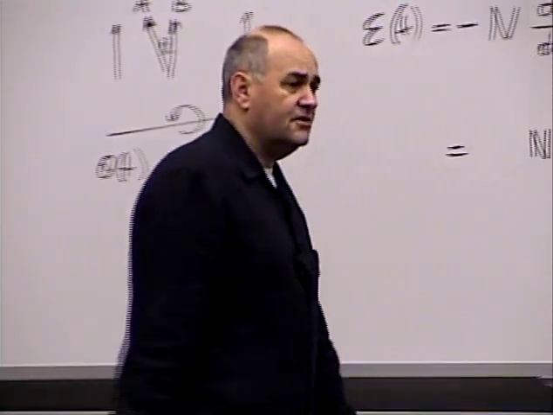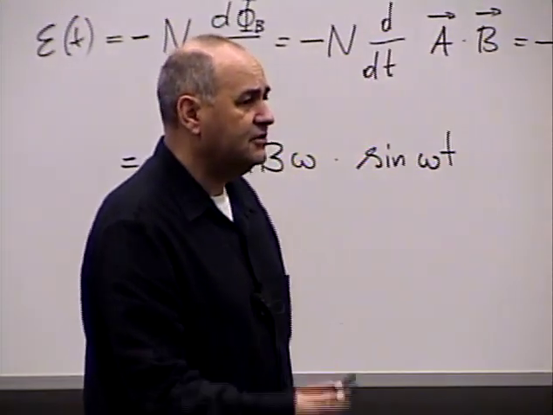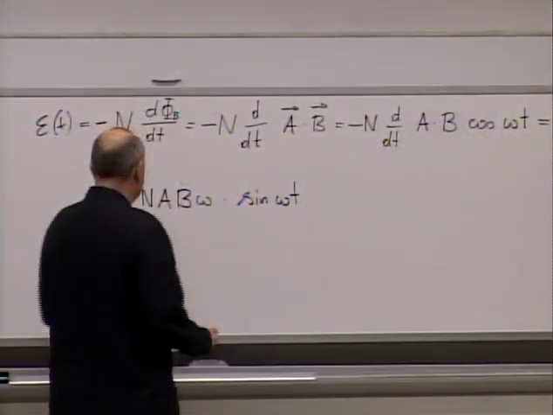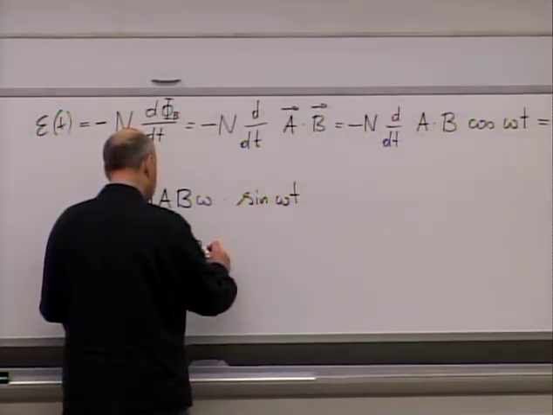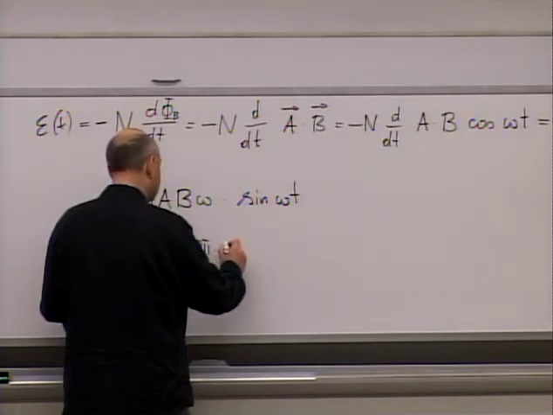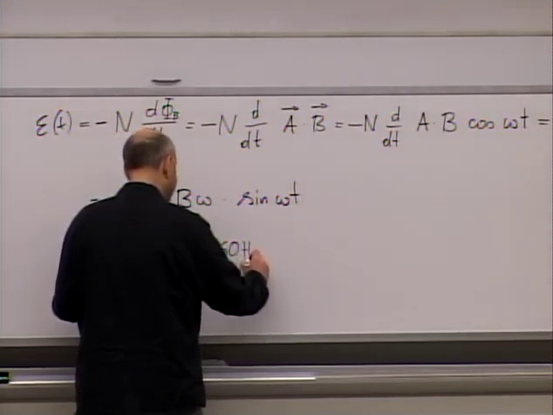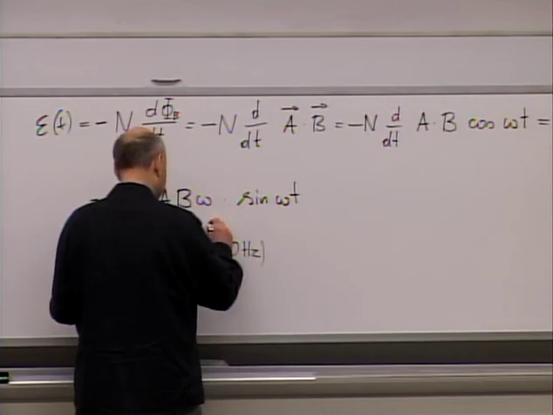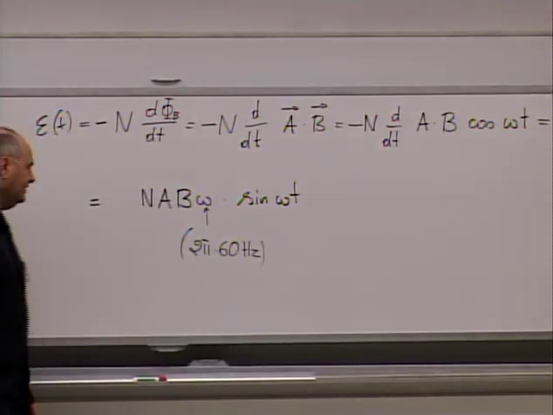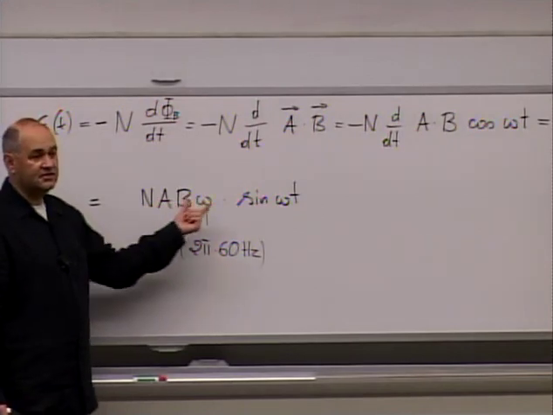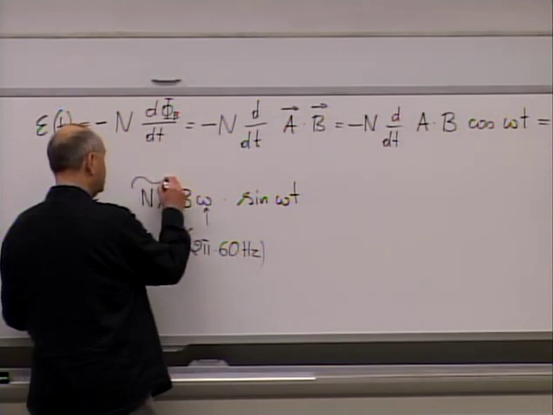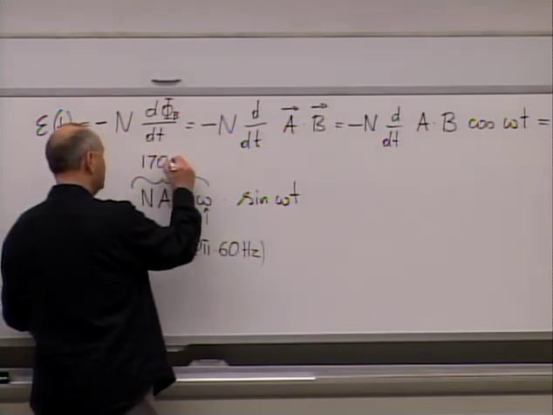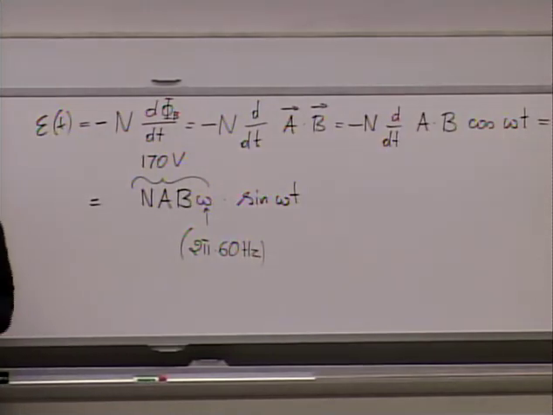Now if I rotate that rotor with angular frequency 2 pi times 60 hertz, and I adjust those quantities in such a way that with this value of angular frequency I will get here 170 volts, what do I have?